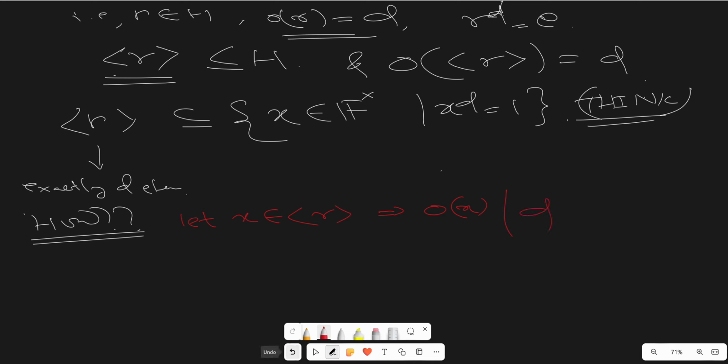Suppose the order of x is k, so k will divide d. This implies that d equals kl for some integer l.